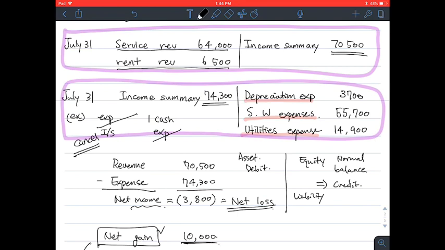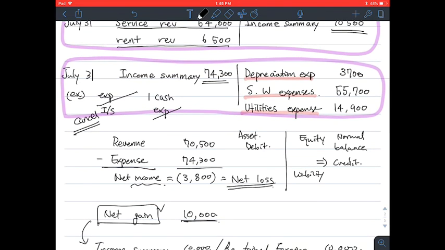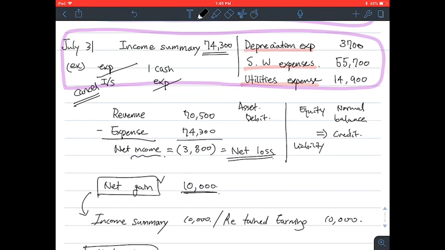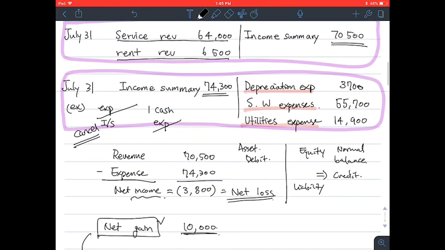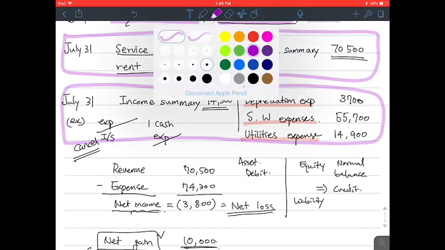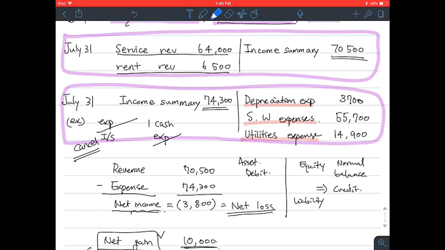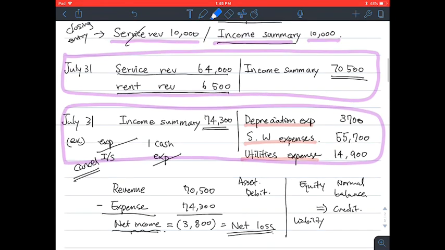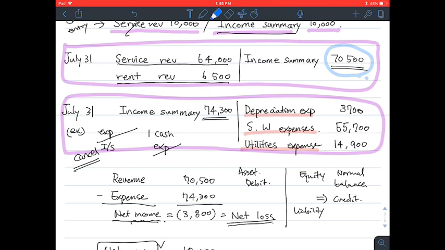The next one is a little tricky. Before we go on, we can see that there is a gap between revenue and expenses, and we call this net income. The revenue amount was 70,500, and all the expenses together were 74,300, and there is a gap.